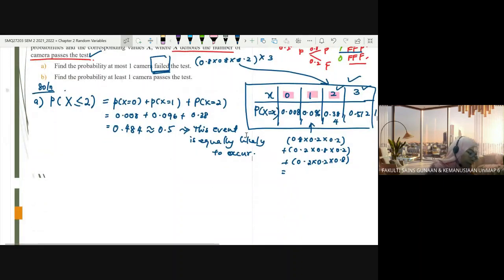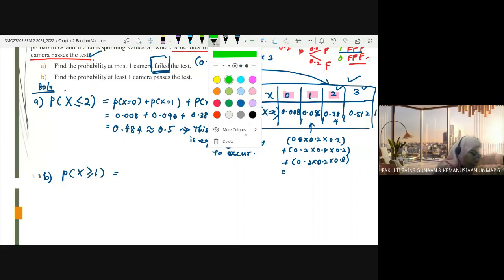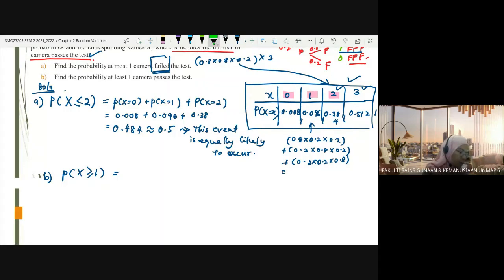Now number 2, we find the probability that at least one camera passes the test. So one, but fail was the previous one; this one is about pass. So P(X) at least one. What would be the symbol? At least would be greater than or equal to 1. So now, greater than or equal to 1, look at the probability distribution.